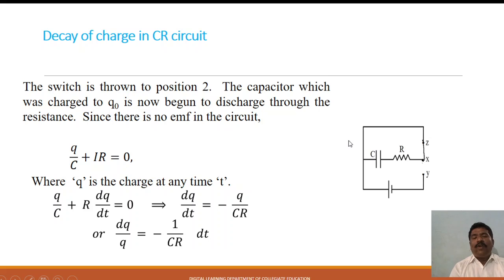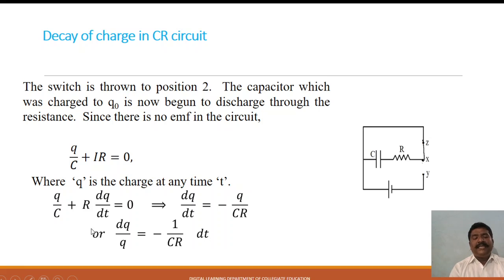That means the voltage drop across the capacitance plus the voltage drop across the resistance: Q by C plus I into R is equal to 0, where Q is the charge at any time. So that is Q by C plus R into dQ divided by dt, which implies dQ by dt is equal to minus Q divided by CR.